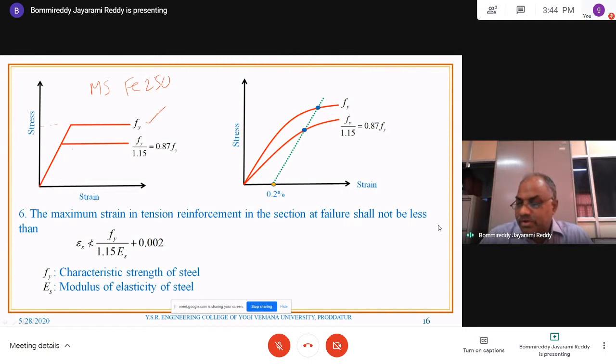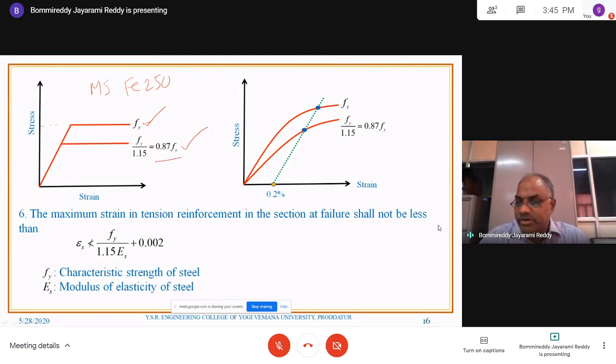Now, what is this line? For the characteristic strength, what is the design strength? Design strength will be characteristic strength divided by the partial factor of safety, that is 1.15. Ultimately you will get 0.87 Fy. In all the major formulas in limit state we are always using 0.87 Fy Ast. How did you get it?